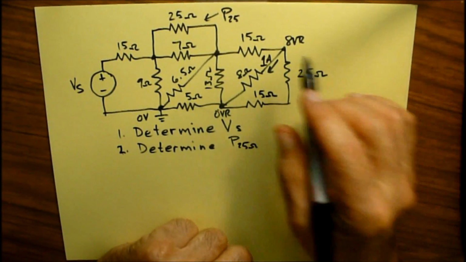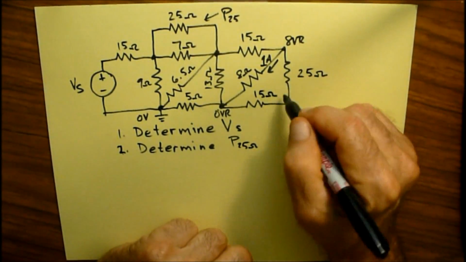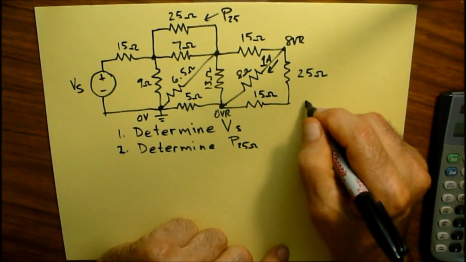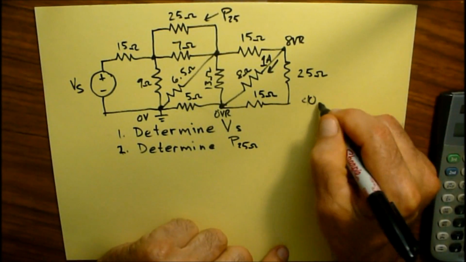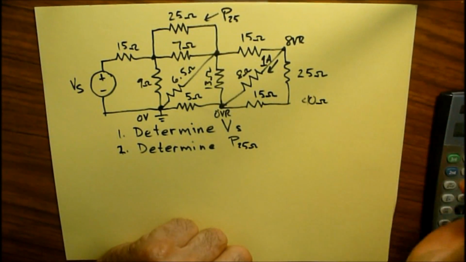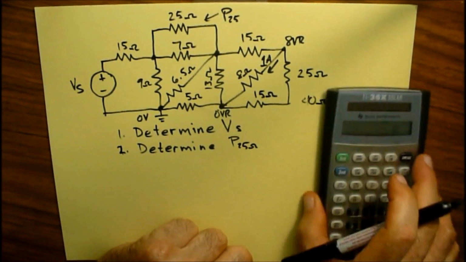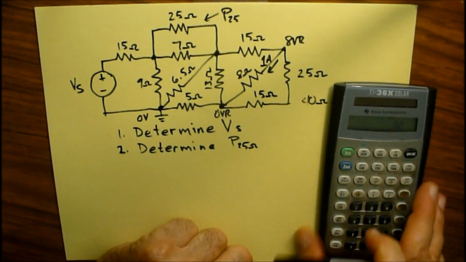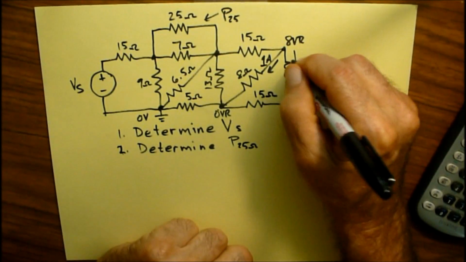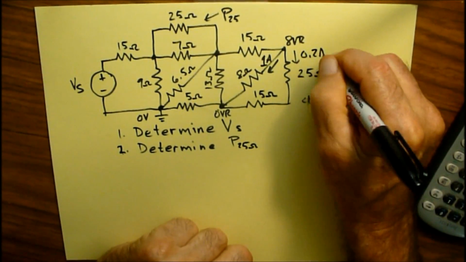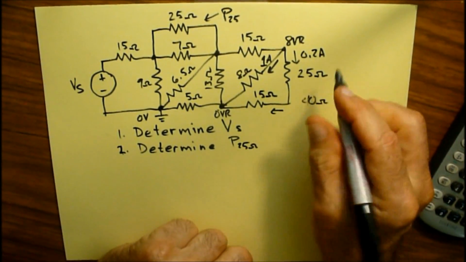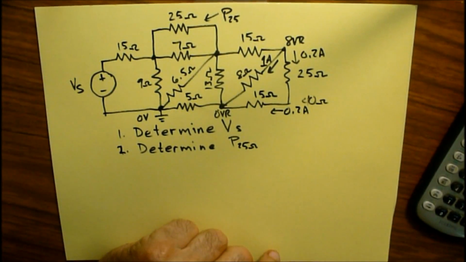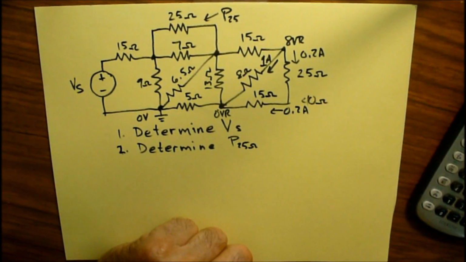And if that's the case, I've got 25 and 15, that's 40 ohms, these two, and 8 volts. 8 volts divided by 40 is this. That means I've got 0.2 amperes going through these two guys right here. 0.2 amps.